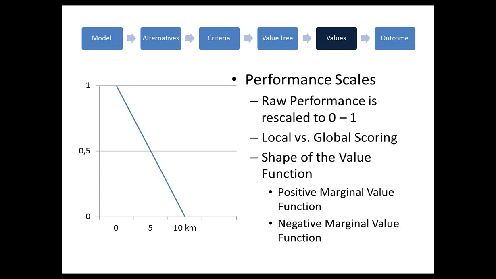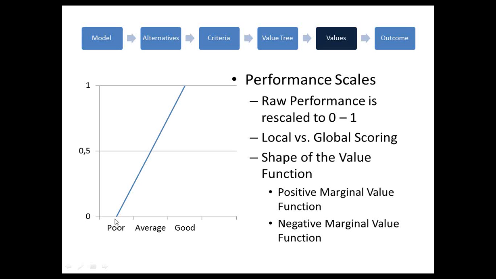But you can imagine there are all kinds of different curves or different shapes to this value function. For instance, it can also be a positive marginal value function where value increases with increasing performance. Here we have an example of the reputation of the hospital, which can be poor, can be average, or it can be good, just a simple 3-point scale.